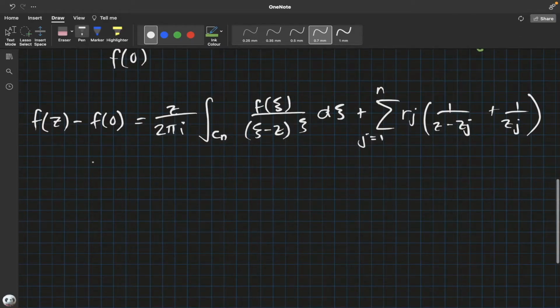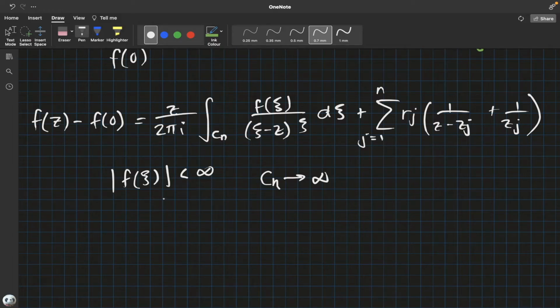Now what I want to do is take the radius of the contour C_n to go to infinity. When that happens, this integral approaches a finite value because it's analytic, bounded, integrable. Otherwise, none of this would really exist.